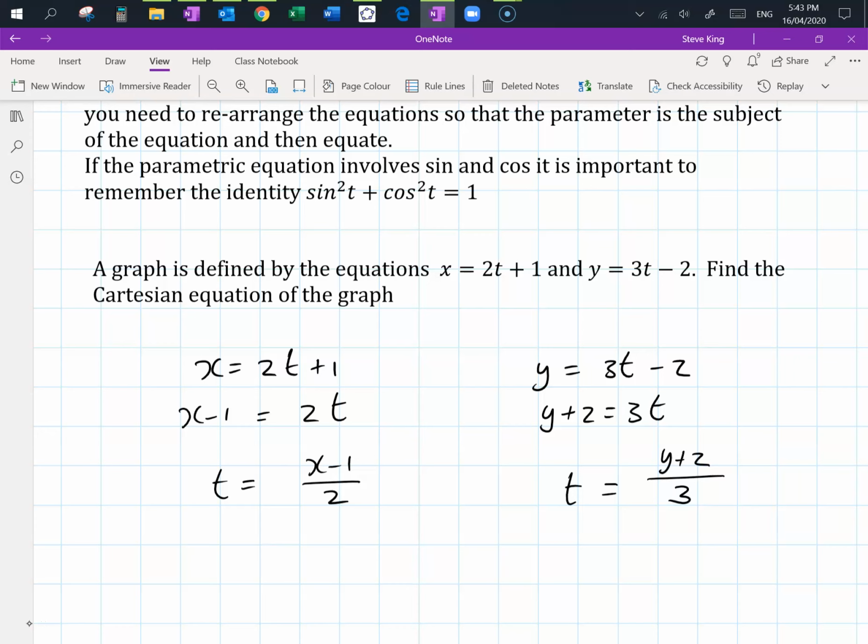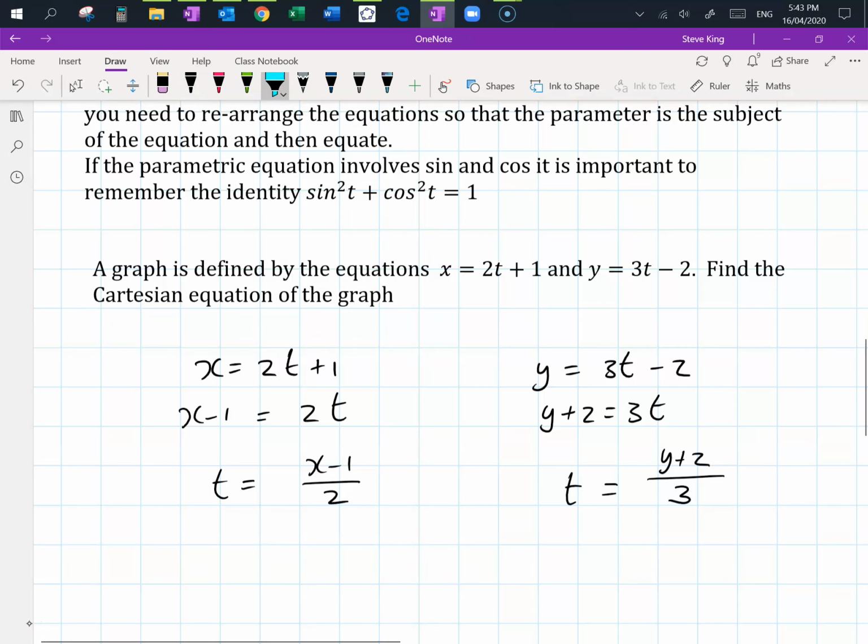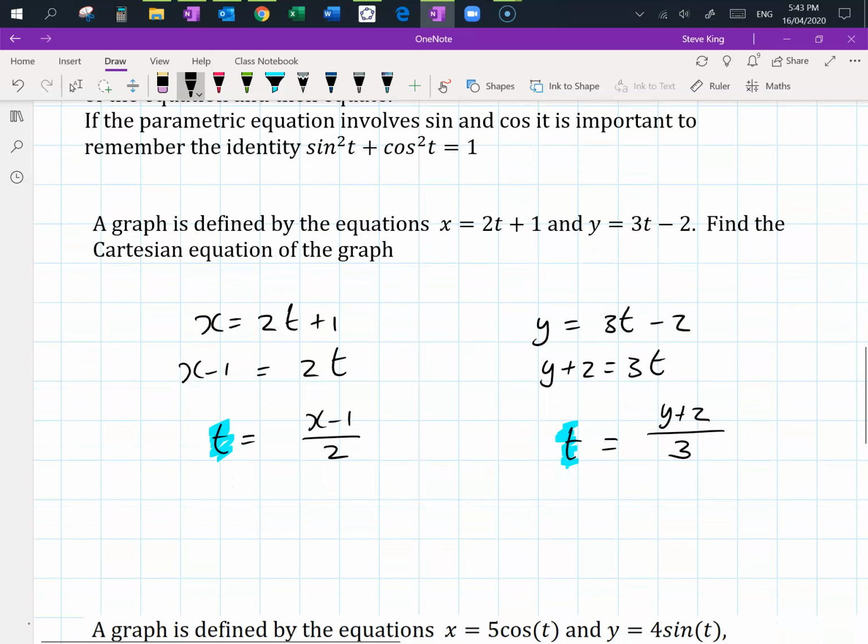And we have here two variables, t and t, they're the same variables, and so I'm able to equate these two statements together.